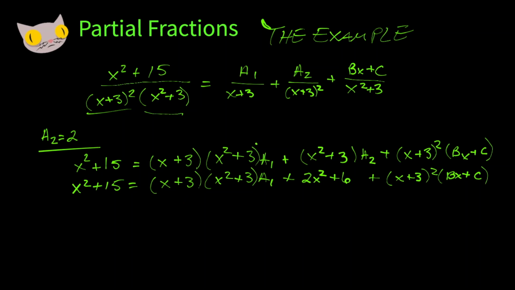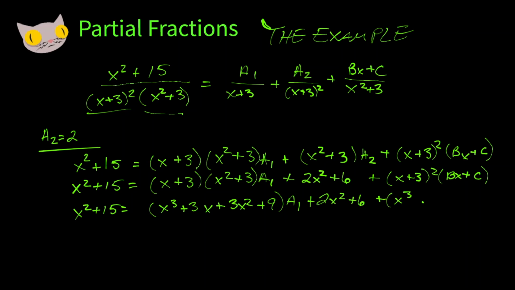Now let's go ahead and expand what we have. x cubed plus 3x squared plus 9 a1 plus 2x squared plus 6, plus x cubed plus 6x squared plus 9x times b, plus x squared plus 6x plus 9 times c.